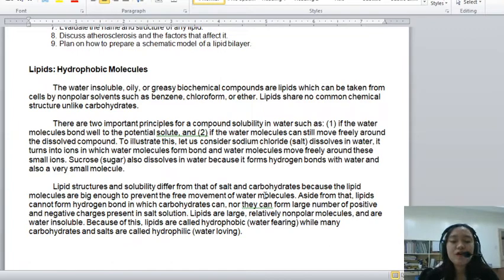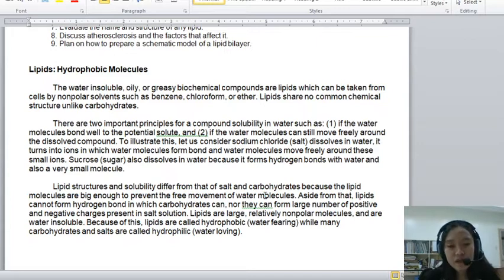So when you say lipids, these have long hydrocarbon chains. Okay? Hydrophobic hydrocarbon chains, meaning a chain of carbon and hydrogen.